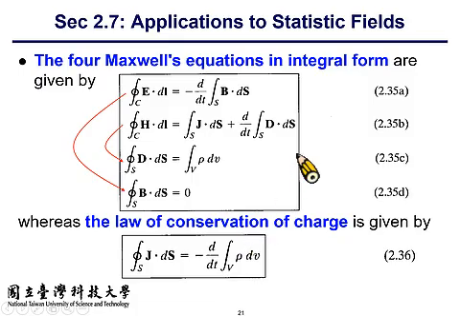To put it simply, you can leave out the terms associated with time derivatives. That is, you can set the time derivative of B as 0, the time derivative of D as 0, and the time derivative of rho as 0.